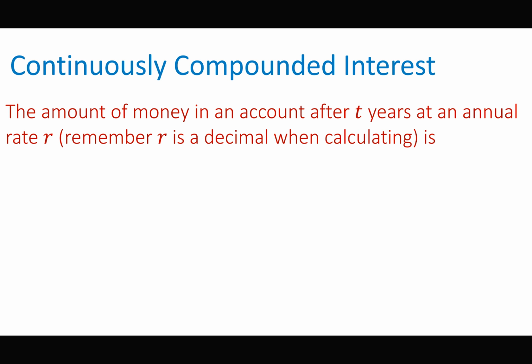If I want to know the amount of money in an account after t years at an annual interest rate r, and remember, if they say it's a 5% interest rate, our r is actually 0.05. If they give you a percentage, make sure you convert it to a decimal. You have seen this before. On the last slide, we derived how this formula came about.